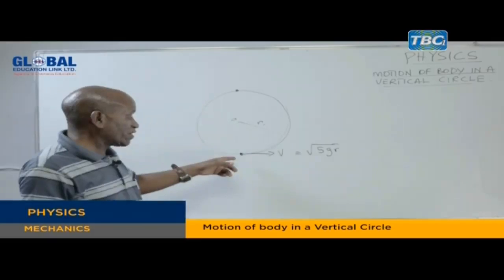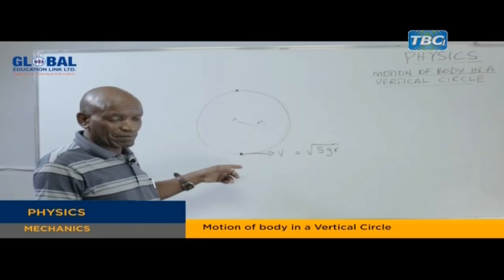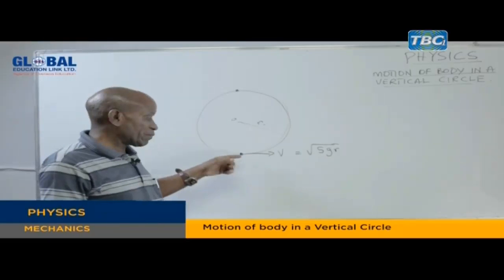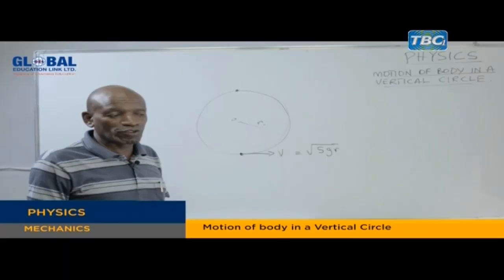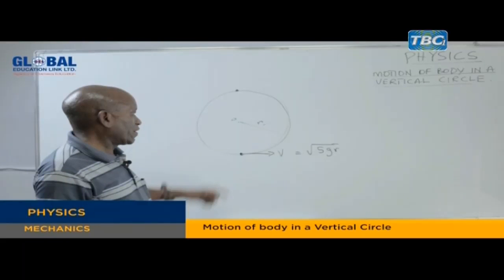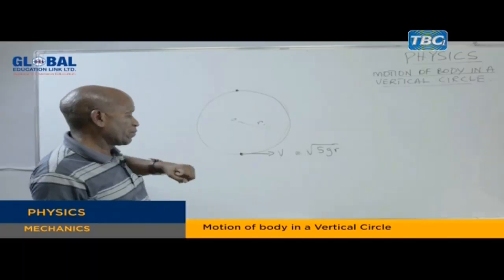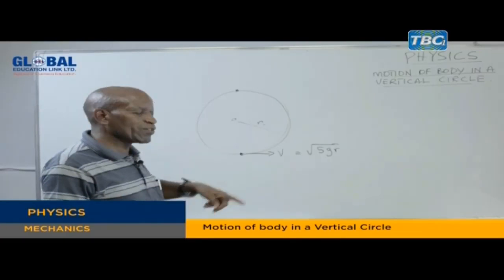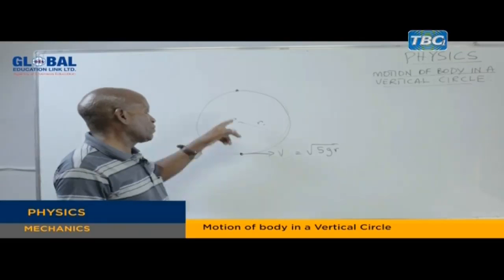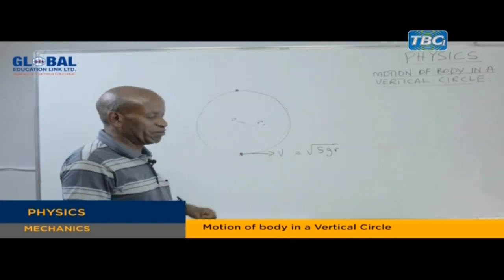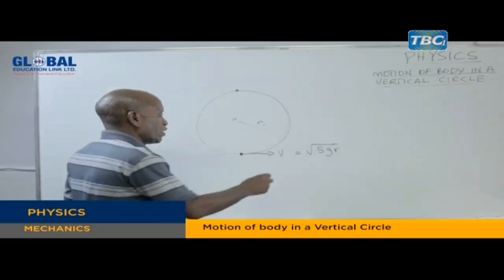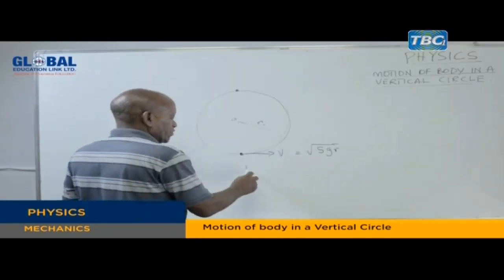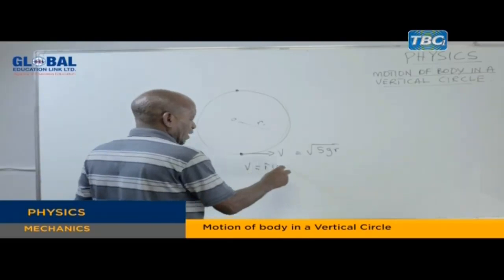So as long as v is the minimum velocity at the bottom, this is the one I'm going to use rather than the one at the top. Why? Because this is the minimum velocity at which this bucket will be able to pass at the bottom. Upon using this, you know that v is equal to r omega.